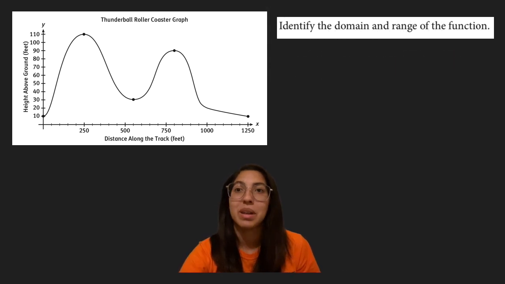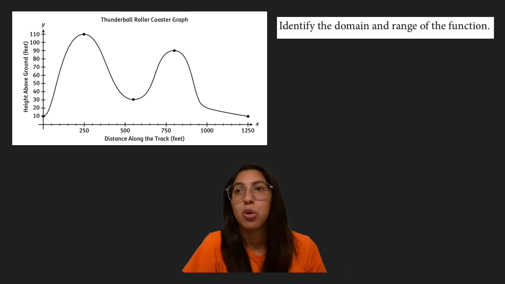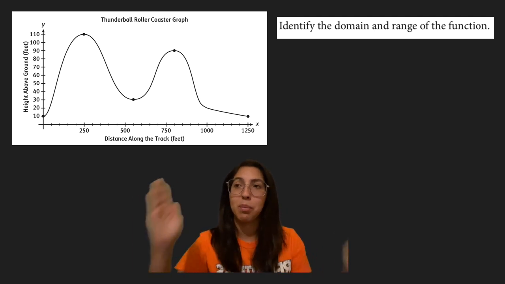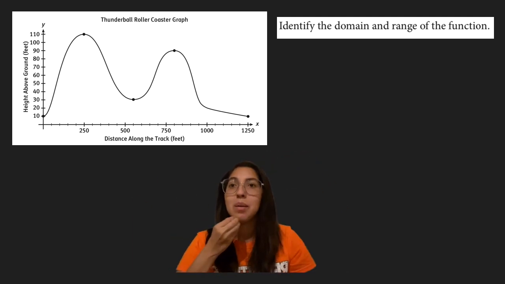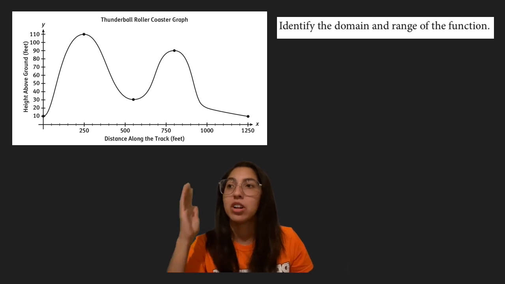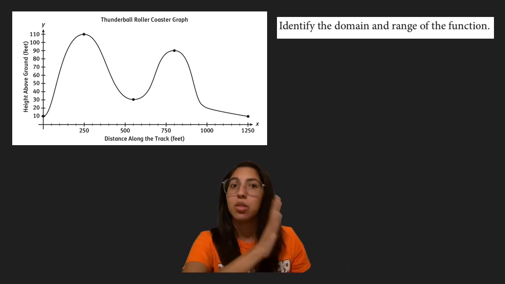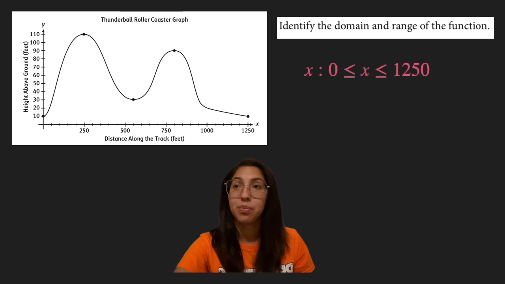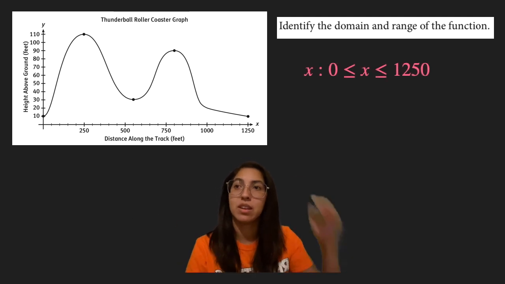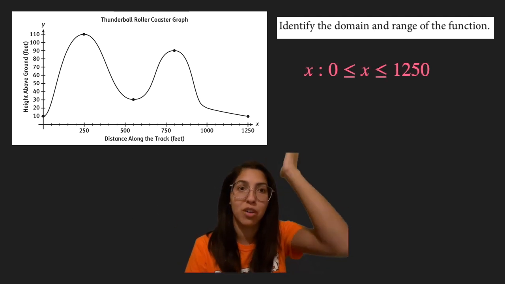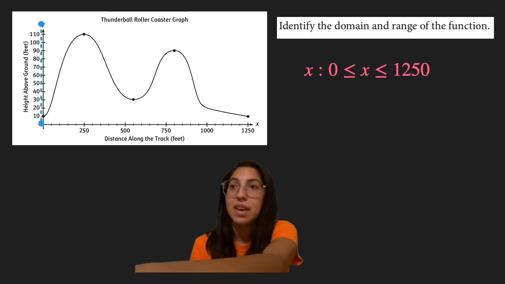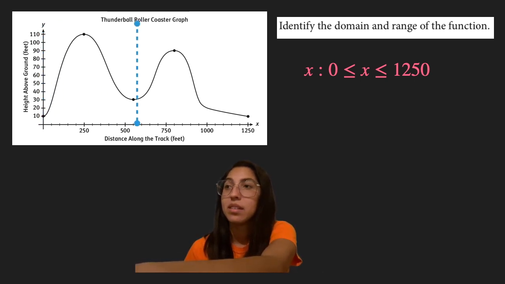And last but not least, identify the domain and range of the function. So if I box this in, my domain would start at 0 and go all the way to 1250. So 0 is less than or equal to x, less than or equal to 1250. So that's left to right.